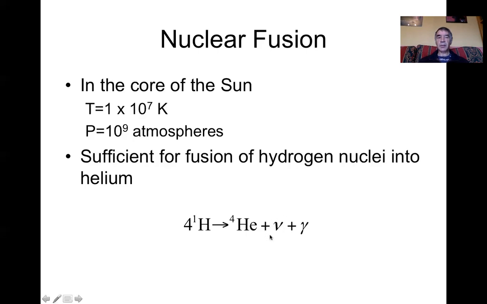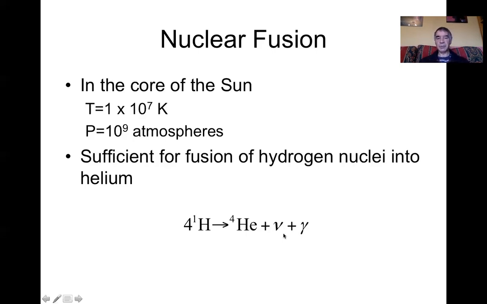Another type of fundamental particle is being formed during these fusion reactions, and these are neutrinos. That's a whole story in itself. From the center of the sun, lots and lots of neutrinos are being formed by these reactions. You can read about that story in the textbooks if you like.